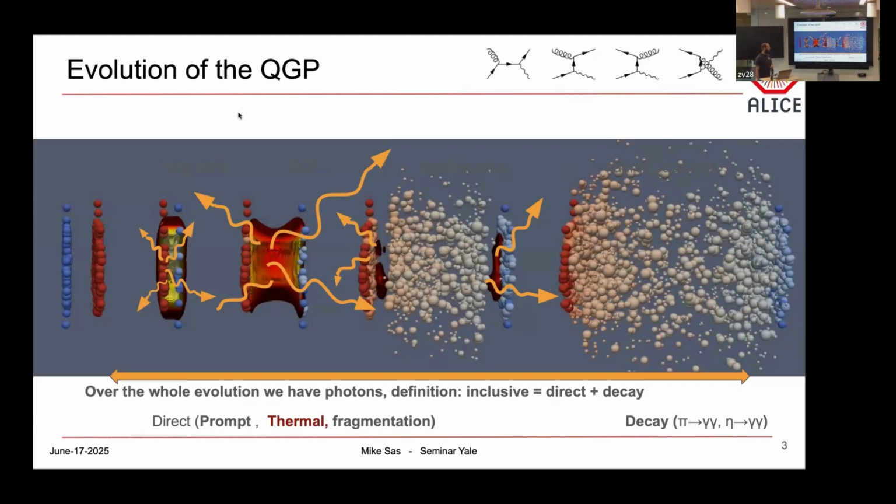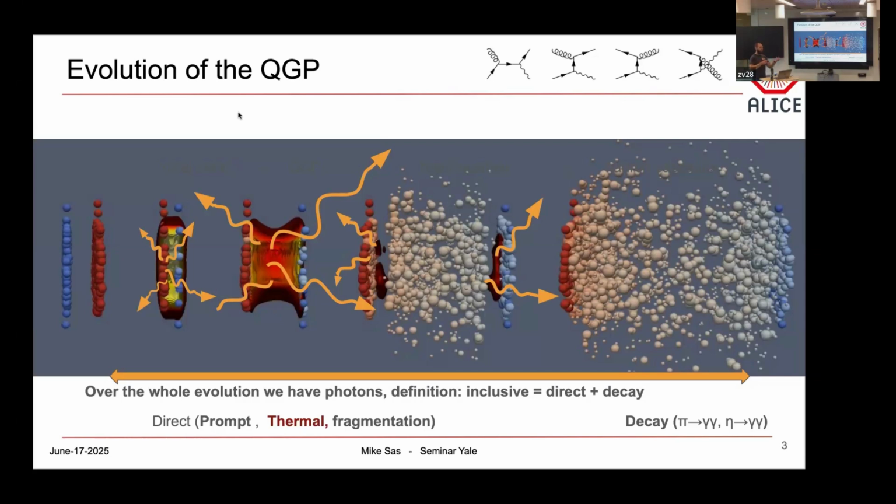This is a very easy way to create photons because there's just an extra photon created and they escape the medium. What is special about it is that because the QGP is strongly interacting, the mean free path of a photon, which only interacts electromagnetically, is much larger than the size of the QGP, so it just escapes.